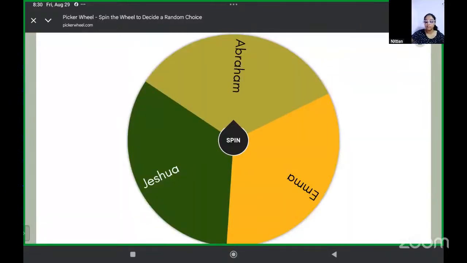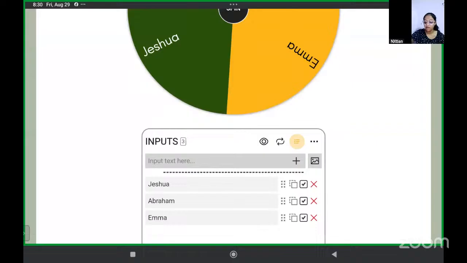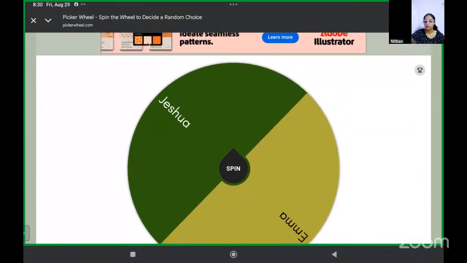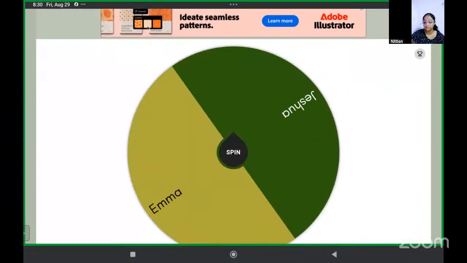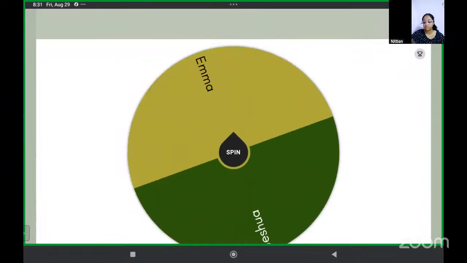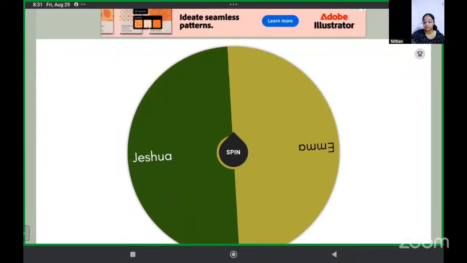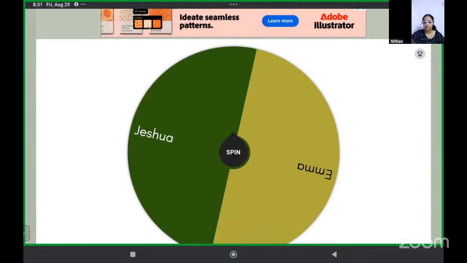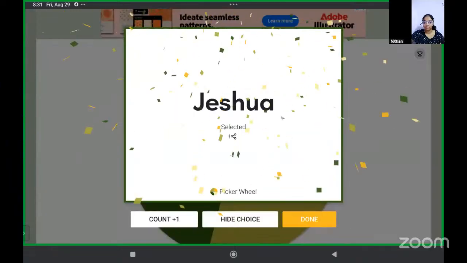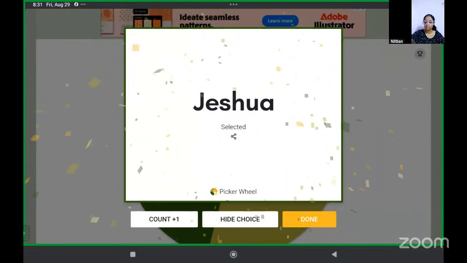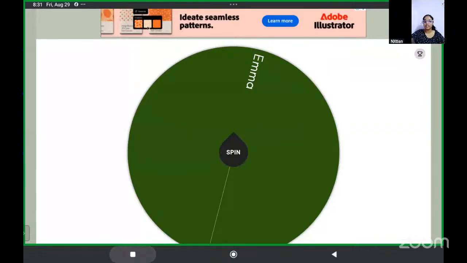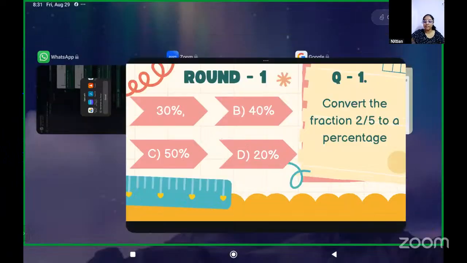Abraham will answer first in round 2. Joshua will answer second in round 2, and Emma will answer last in round 2.